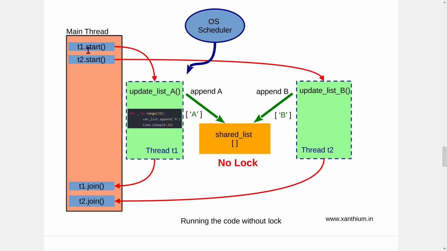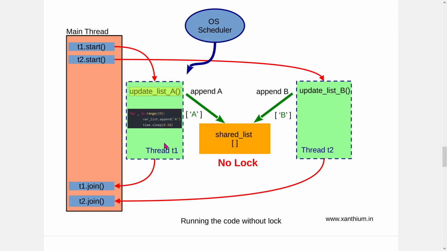Since we are starting T1, usually it is the first one to run. So this will update the letter A to the shared list. We are doing that in the form of a loop. So we will append 10 A's to shared list. First it will append the letter A, then it will go to sleep.